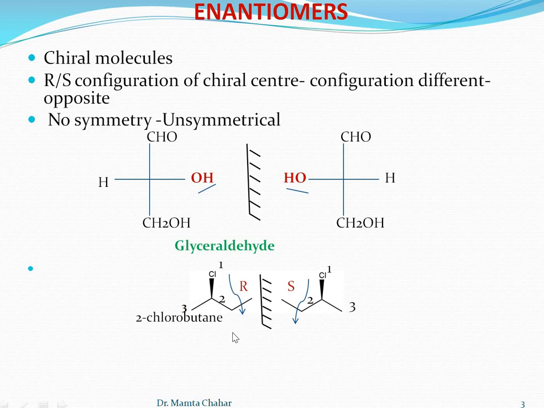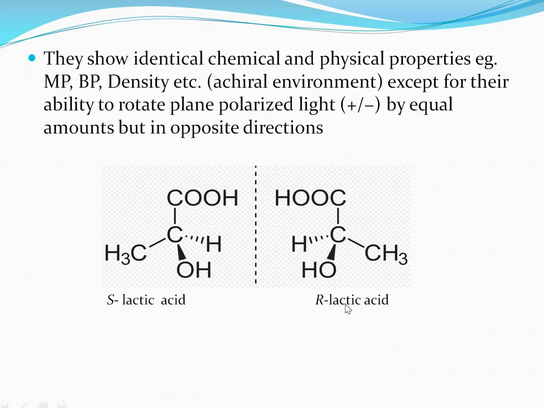If we look at the configuration at this carbon, we give the first number to the chloride, second to ethyl, and third to the methyl. Then it will rotate clockwise. So it is the R configuration, while in the other it is the S configuration.